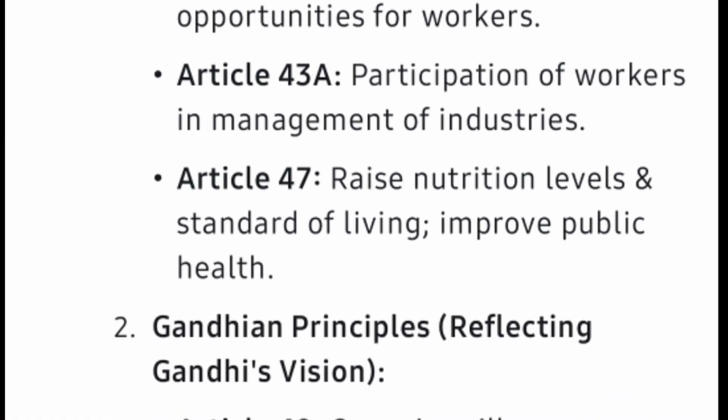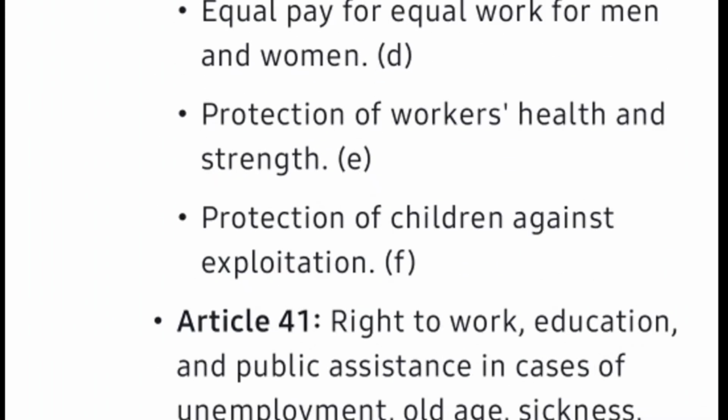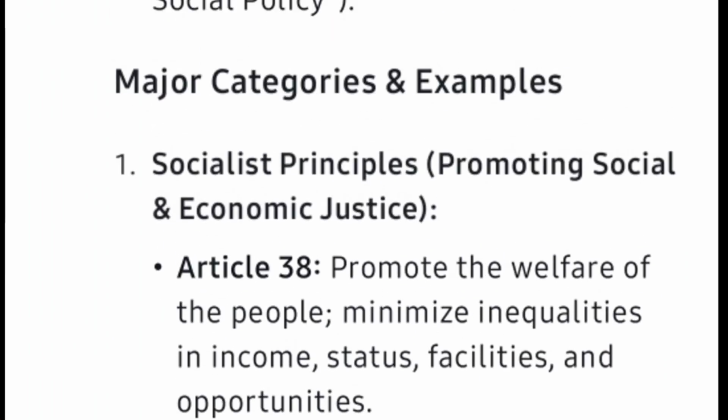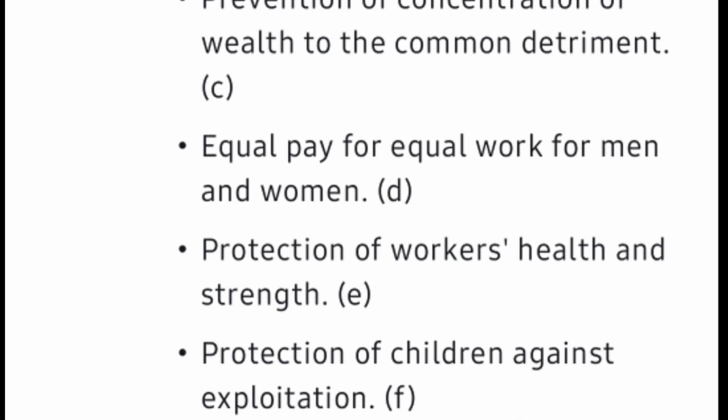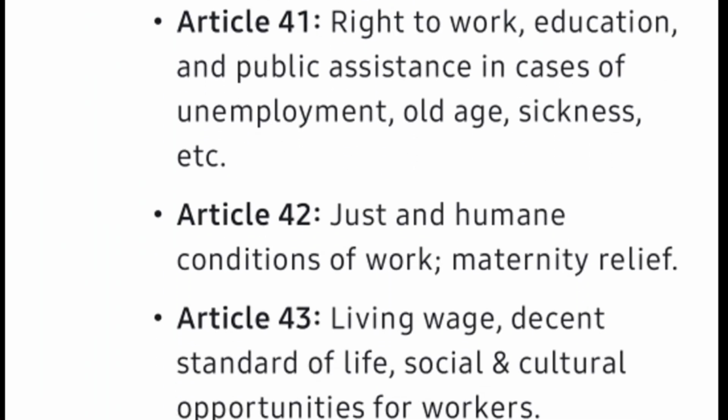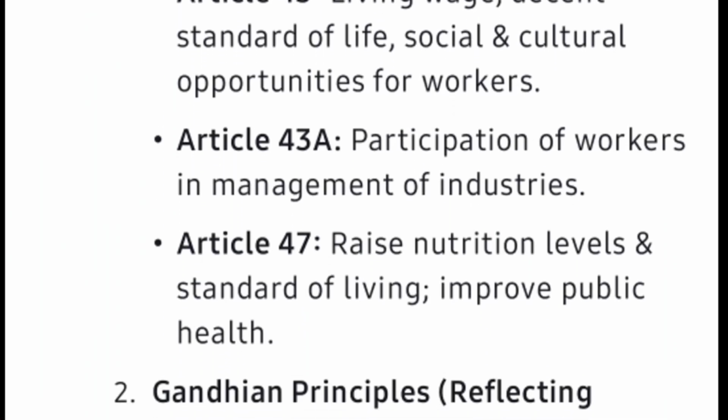And Article 47, raise nutrition levels and standard of living, improve public health. So all these articles come under the socialistic principles for promoting social and economic justice: Article 38, Article 39, Article 41, 42, 43, 43A, and 47.